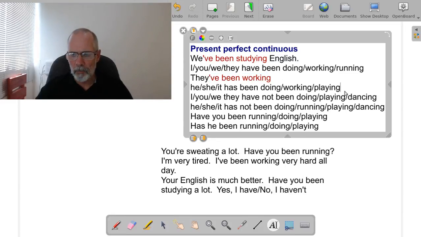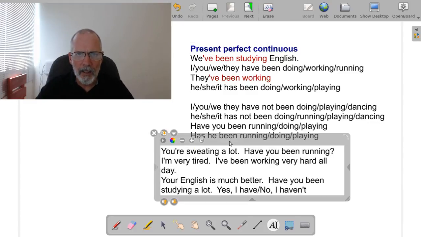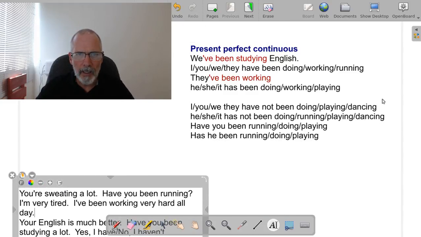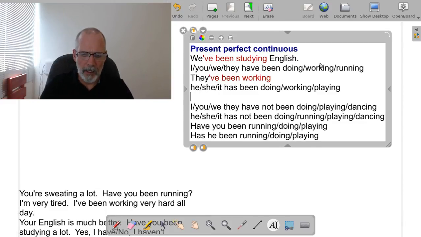And if it's the third person, what you would hear in the real world would be the contraction of the he, like this. We saw this last class with the present perfect. It's the same contraction. He's been working.